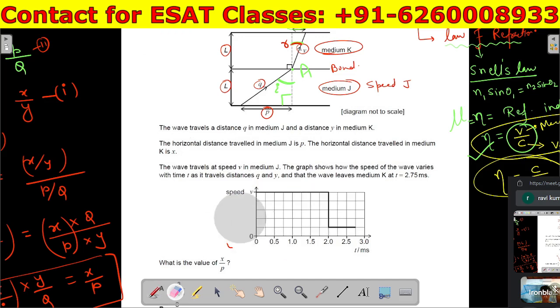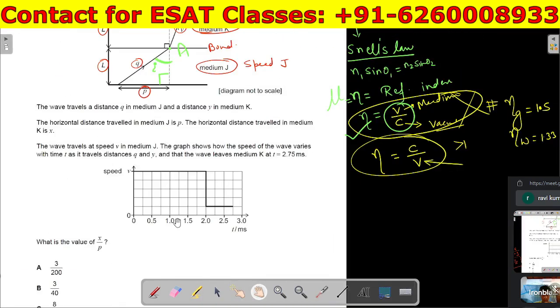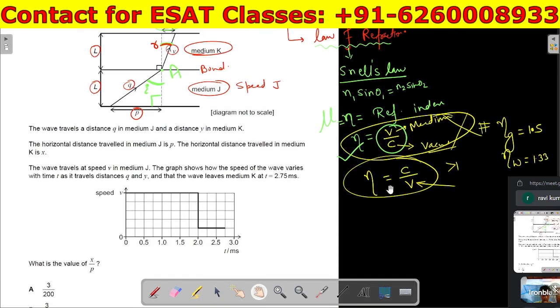But still this question can be solved. How? For the refractive index or for anything, we are interested in the ratio, right? So suppose this is for the medium j and this is for the medium k, right?